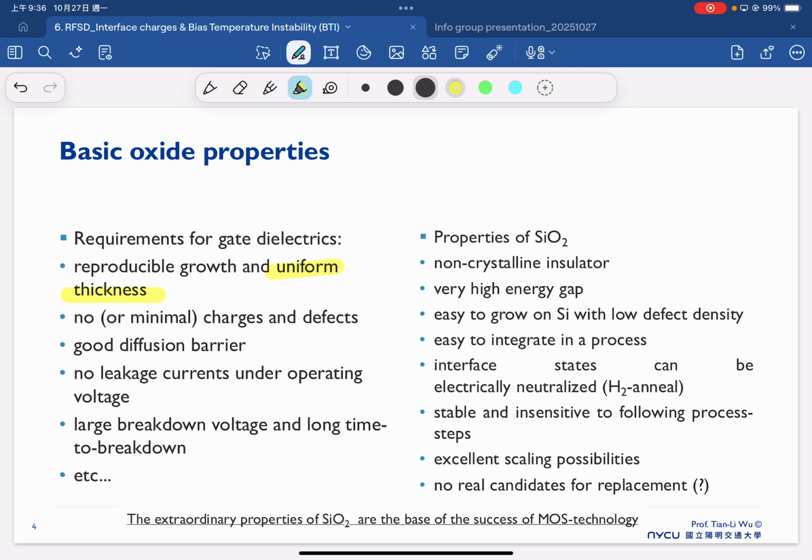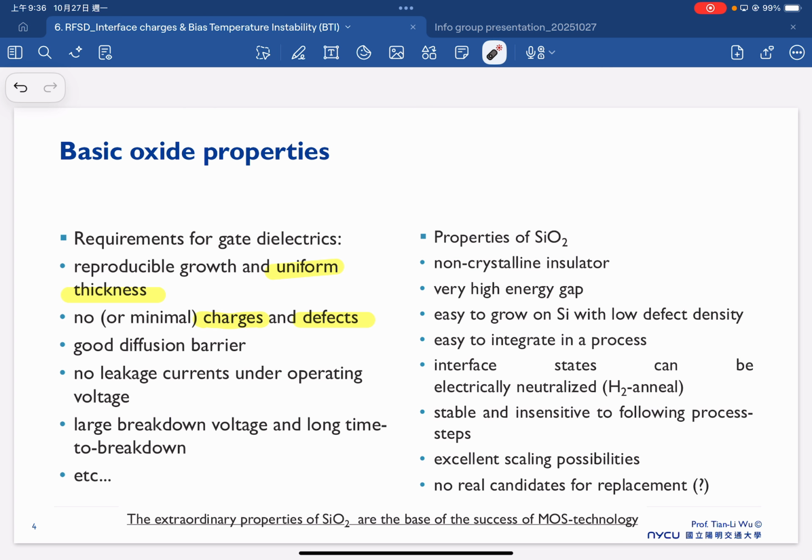We also want the dielectric to have no or minimum charges and defects. Of course, it's impossible to have no charge or no defects, but we want to minimize them, and it can also act as a good diffusion barrier.